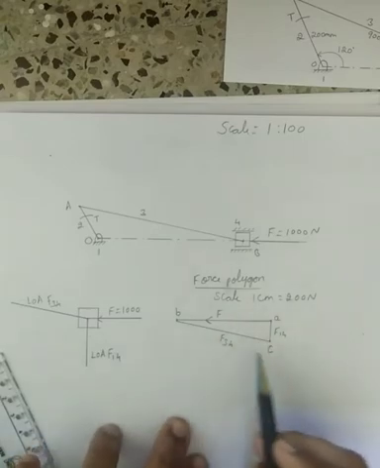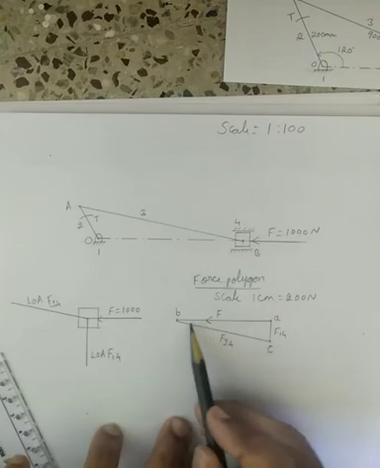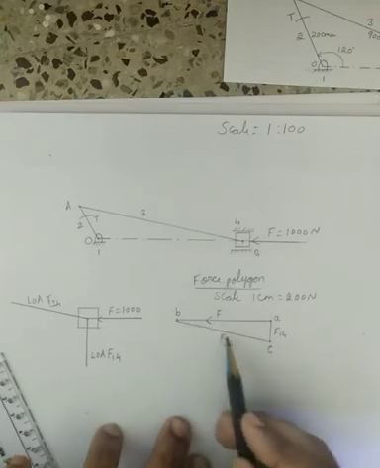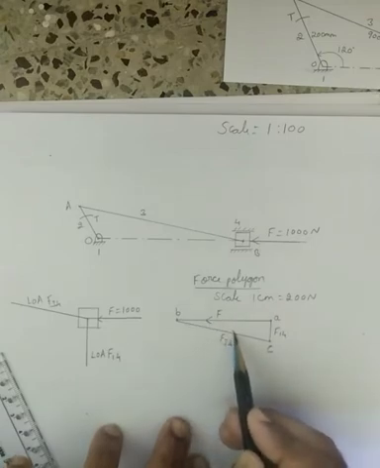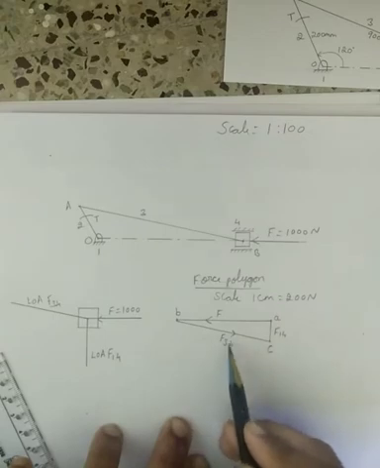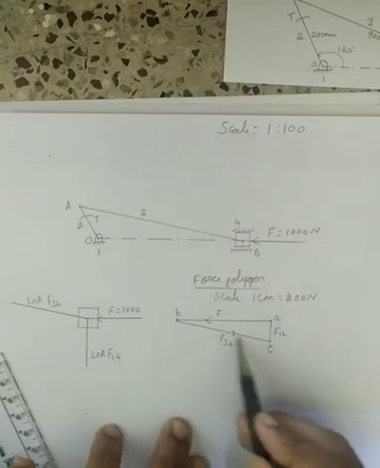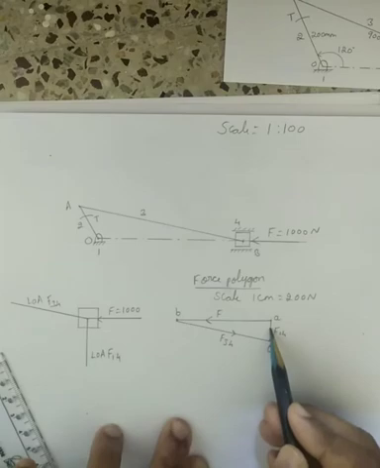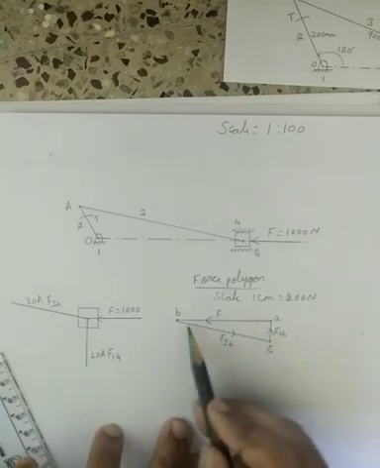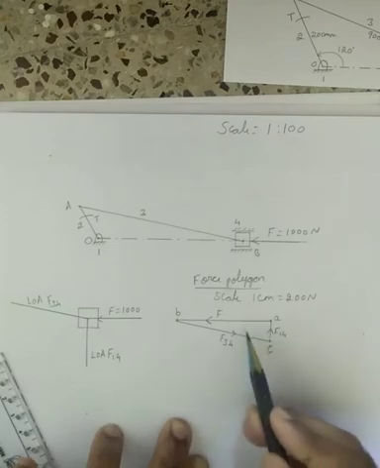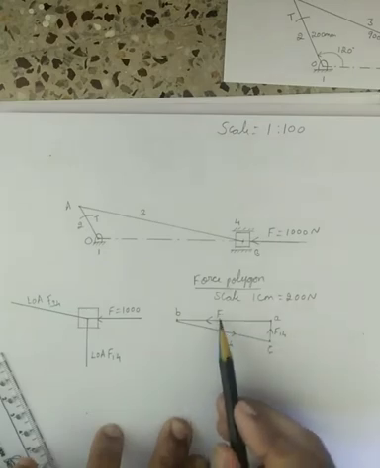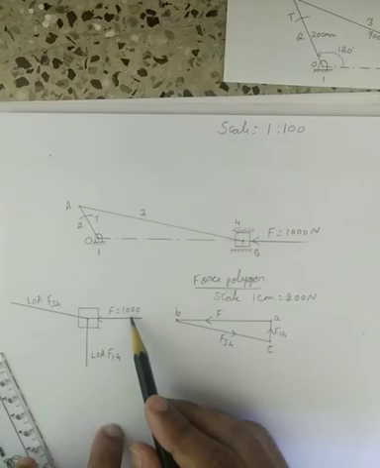Since it is a closed polygon, if the force is acting in this direction, then by continuity of force the next force should act in this direction. So we know the direction of F34. If it is acting in this direction, F14 should act in this direction so that it will form a closed one. So from this force, force is 1000 Newton.